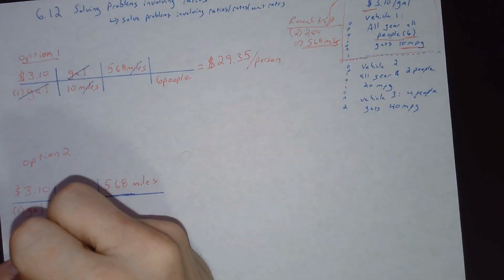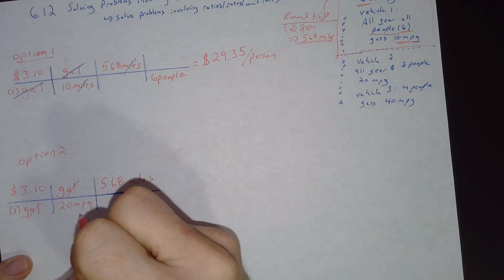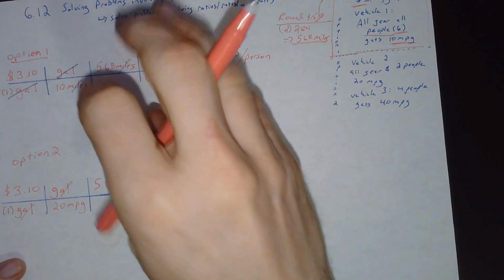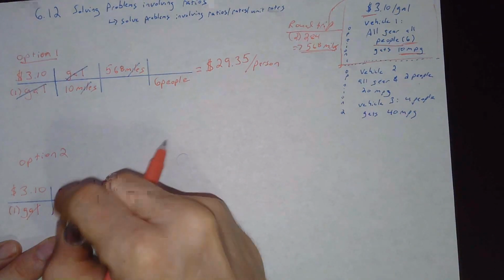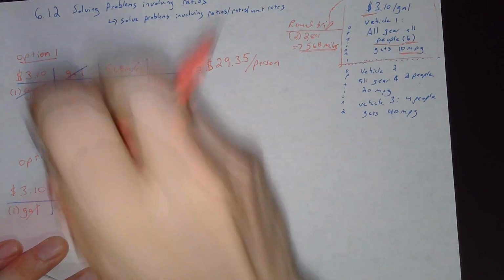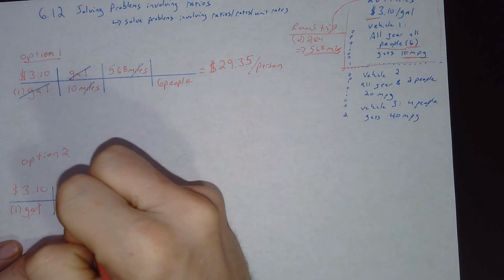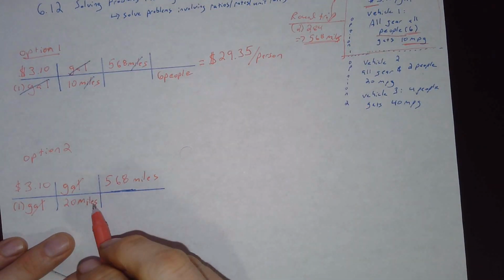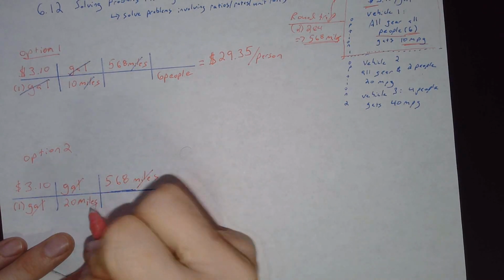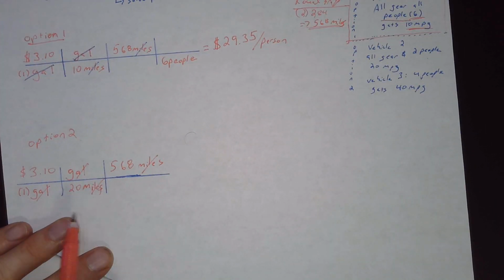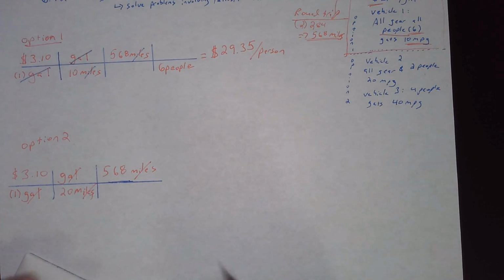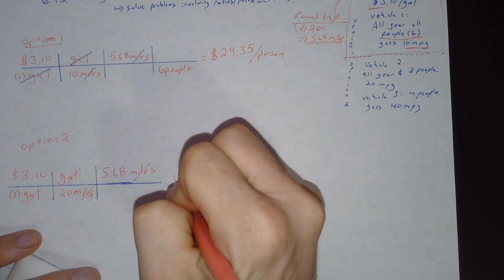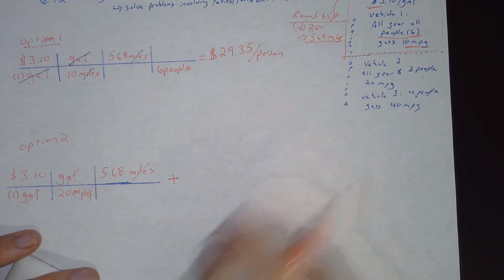So let me make sure my unit analysis on that one's right. So gallons cancel out. Miles per gallon. So now I just have money. That's how much money that one's going to cost. And then we're going to have to add that one to the other vehicle.